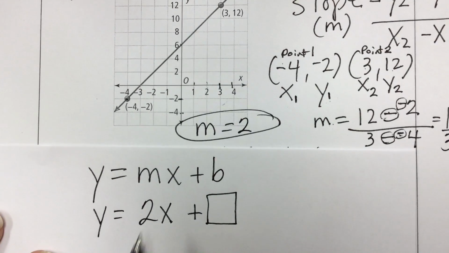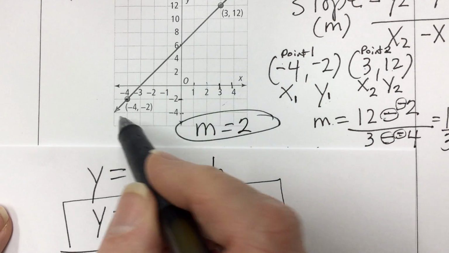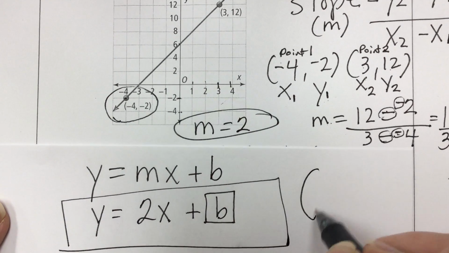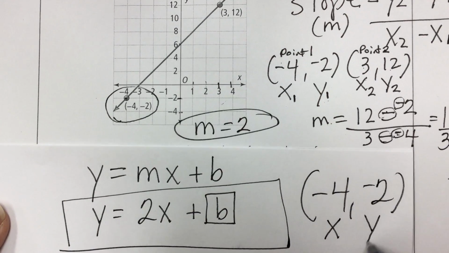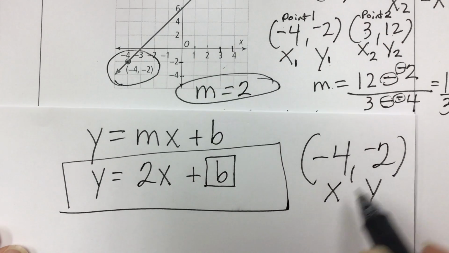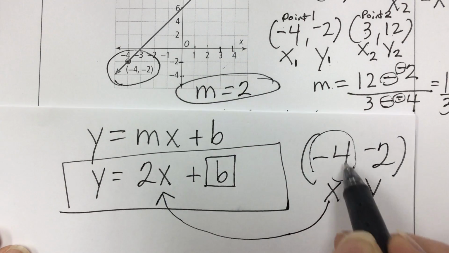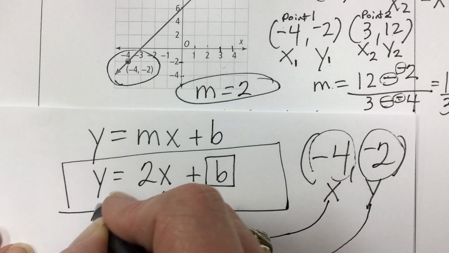Okay? So what I'm going to need to do to find b is take a point, and I'm going to take this point right here, -4, -2. When I use the point -4, -2, -4 is my x, -2 is my y. I'm going to substitute in -4 for x, and I'm going to substitute in -2 for y.